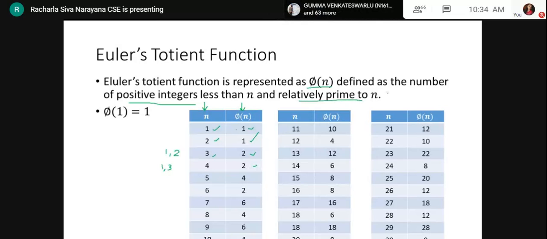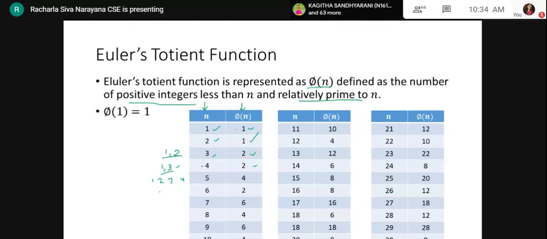So phi of n is defined as the number of positive integers less than n and relatively prime to n. Next, 5: 1, 2, 3, 4. These four numbers are relatively prime to 5 and less than 5.